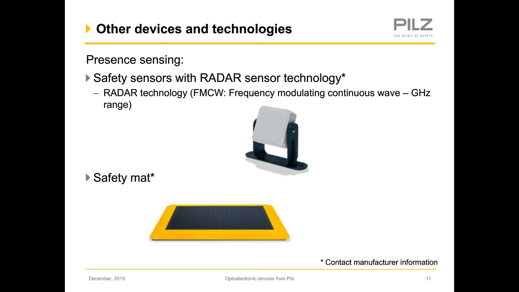So that's a new form, and it's also good to be used if the factor of debris, dust, sawdust, maybe water droplets, or other things could cause what we call nuisance trips of other optoelectronic devices. So this might be another alternative to be used. So that's pretty new on the market.